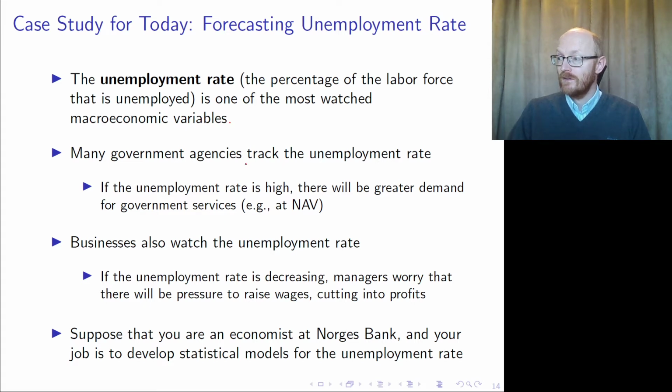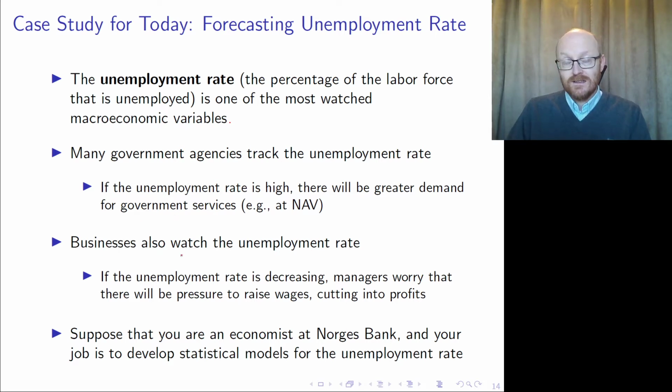And the reason is that if the unemployment rate is high, there will be greater demand for government services like Social Security, and the government would then have to maybe adjust some of the tax or legal framework to make sure that more people would find employment.